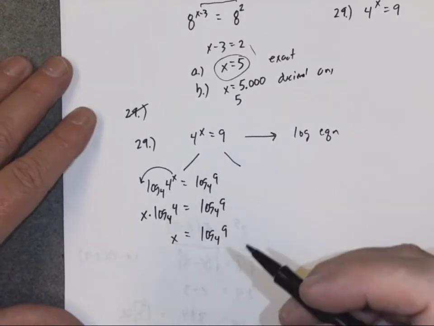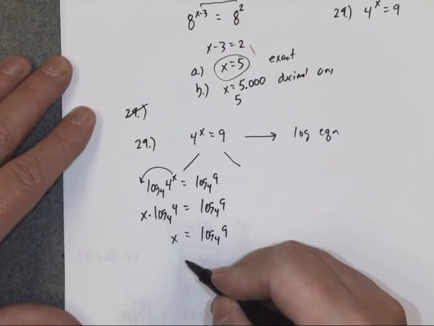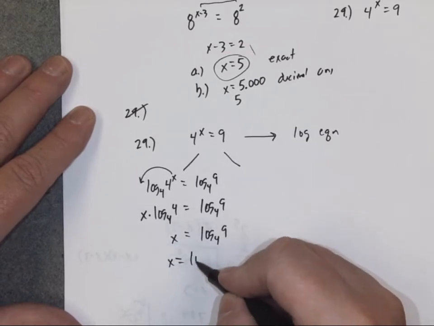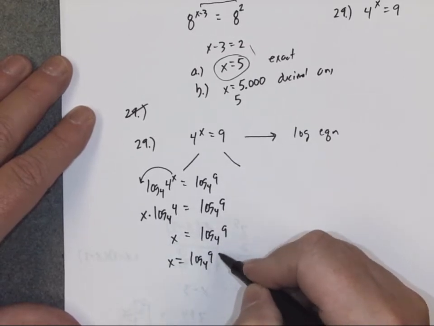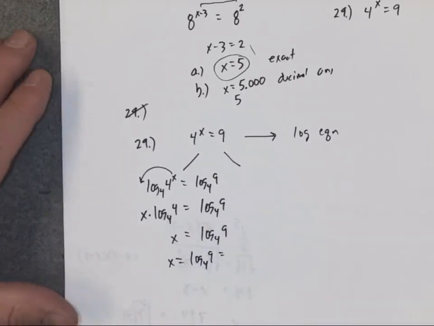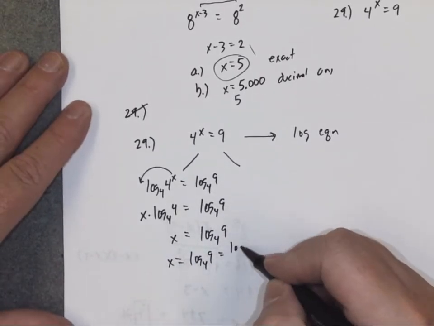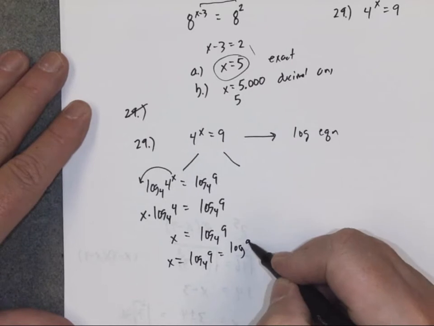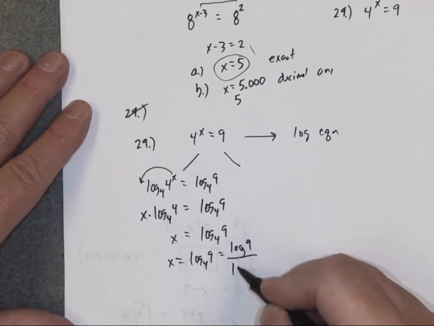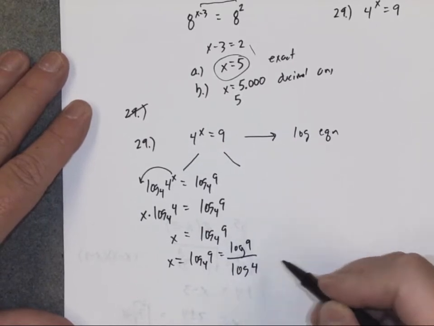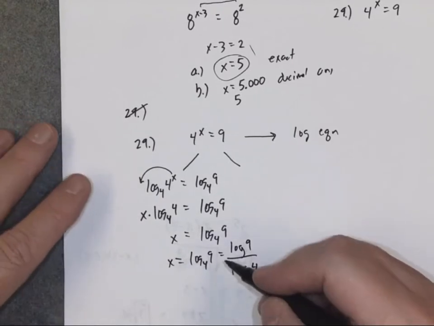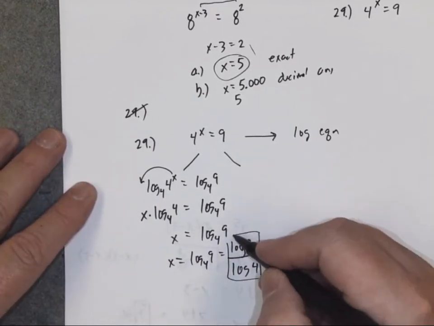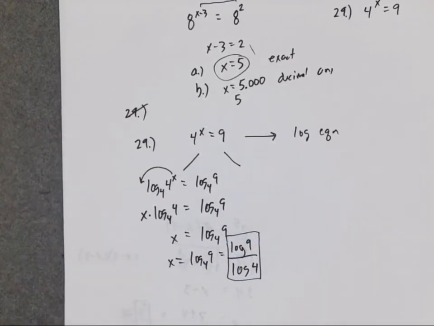So what I'm going to do here is use change of base. Log base 4 of 9, if I change it to common log, is log 9 over log 4. So that would be what we call the exact answer.